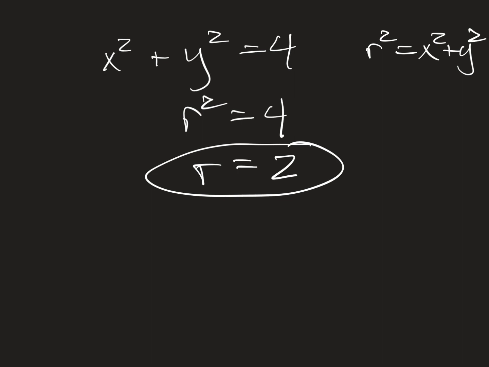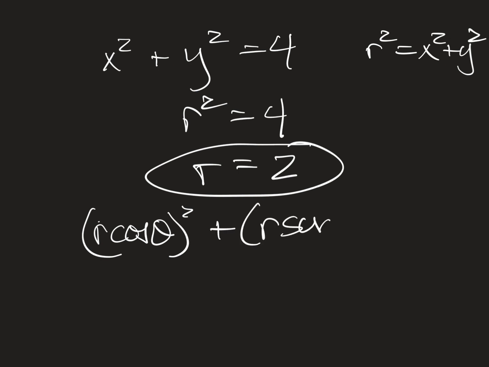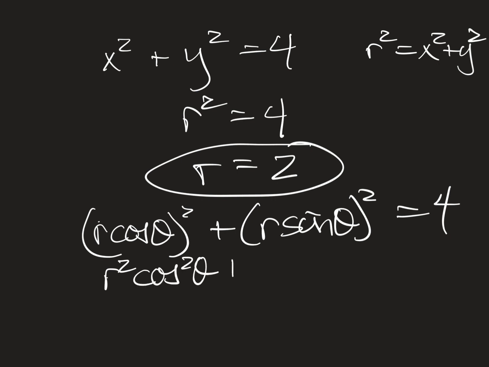Now, the other way you could have converted this is you could have said, oh, x is equal to r cosine theta, squared, okay? Y is equal to r sine theta, squared, equal to 4, okay? And so now this is r squared cosine squared theta plus r squared sine squared theta equals 4.